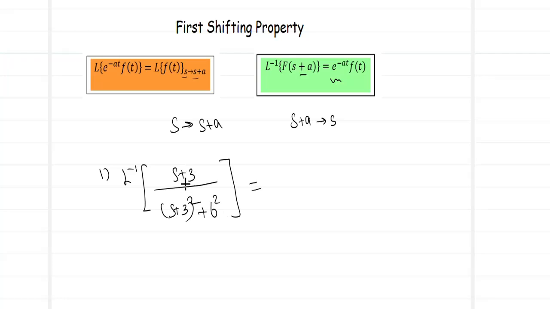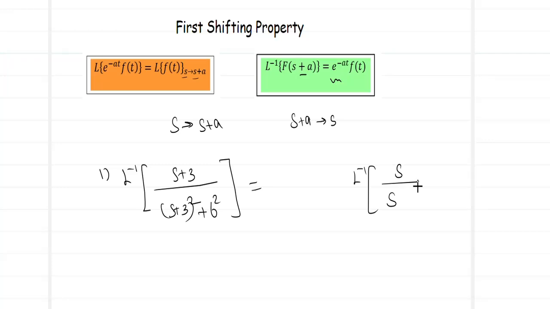But additionally what we have over here is 3, which is present both in the numerator and in the denominator. In which case, I will try to shrink this s plus 3 to s. If I shrink this s plus 3 to s, what will happen to my function? This s plus 3 is replaced as s.